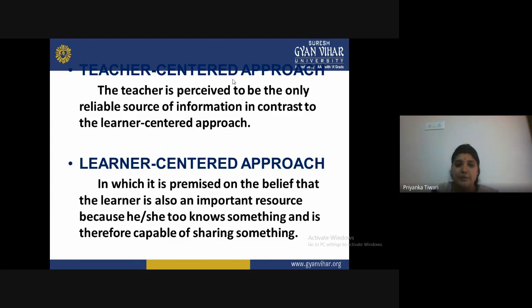Learner centered approach means student. In the learner centered approach, it is premised on the belief that the learner is also an important resource because he or she knows something and is therefore capable of sharing something. If we talk about the learner centered approach, learners are understanding and getting the information the teacher gives them, and the teacher is like a source of information.